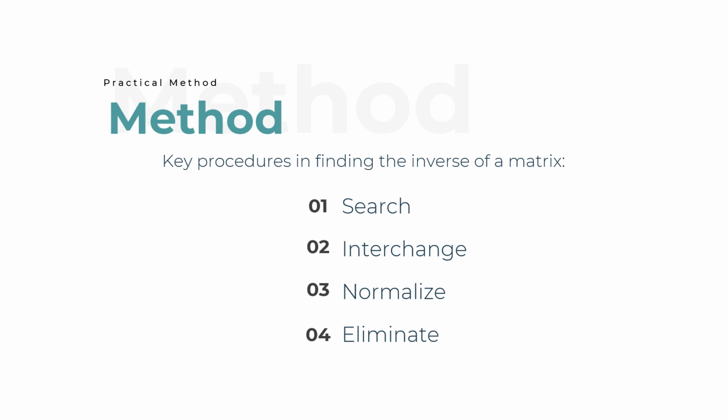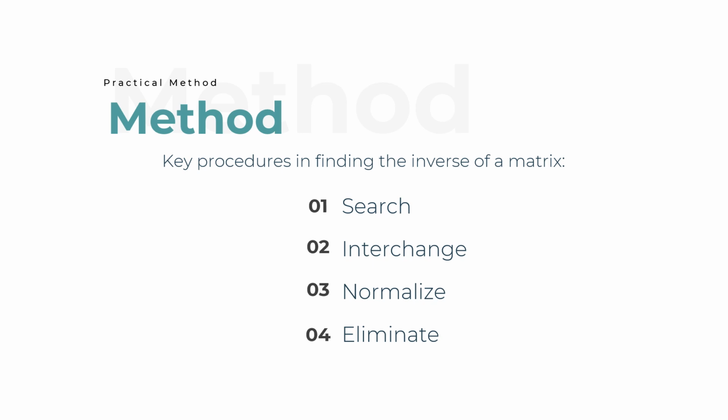In order for us to practically utilize the Gauss-Jordan method, here are the key procedures that can be followed in finding the inverse of a matrix. First, search by identifying the maximum pivot point, or the element with the largest absolute value. Second, interchange by swapping the row of the maximum pivot with another row.